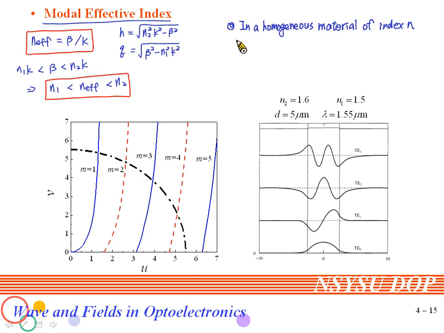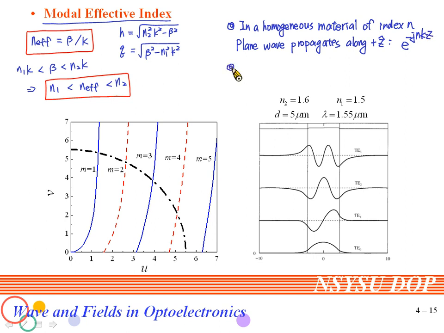If we have a plane wave propagating along the positive z direction, do you remember the mathematical form of this plane wave? It will be exponential minus j n k z, right?